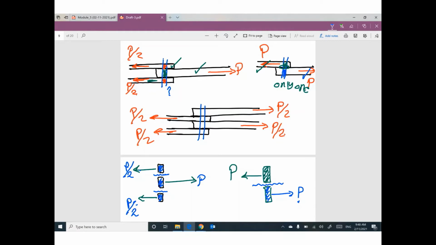So which one will be more critical? I'm talking about the same bolt, same material, same diameter, everything's the same. Which one will be more critical, this case or this case? Which one will be stronger? This one or this one? Any answer?